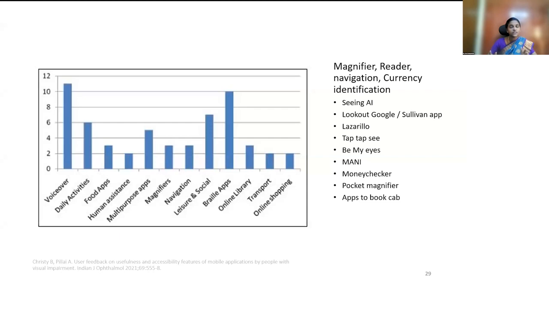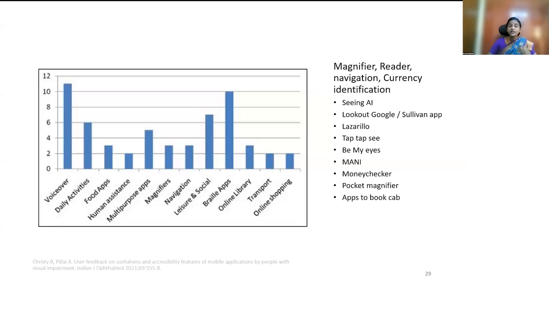This is not an exhaustive list, but some of the commonly prescribed mobile applications, mainly Seeing AI, which is an iOS app, but the counterpart, Lookout by Google or the Sullivan app, is similar to Seeing AI, but an Android version. Lazarillo is a navigation app.